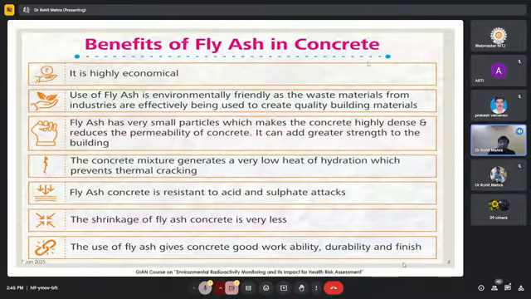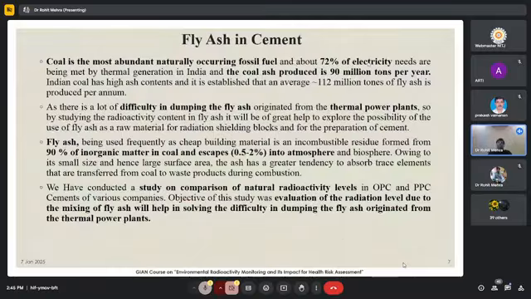Once the discussions were going on, it was concluded that fly ash is best used as a pozzolanic material, and definitely it is solving a major problem of India, where 72% of electricity needs are catered to with the help of thermal power plants.